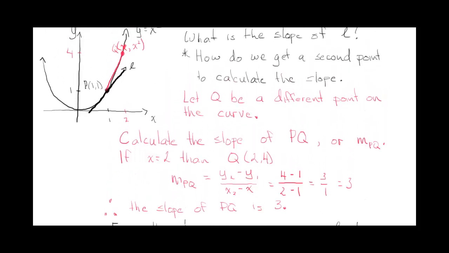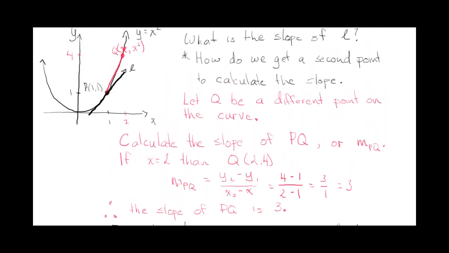In order to get an idea of how much less, change the x value. Instead of Q being up here, what if it was a little bit closer? What if this was Q? And then I looked at that slope. Hopefully you can see that the blue one will have a less steep slope than this.